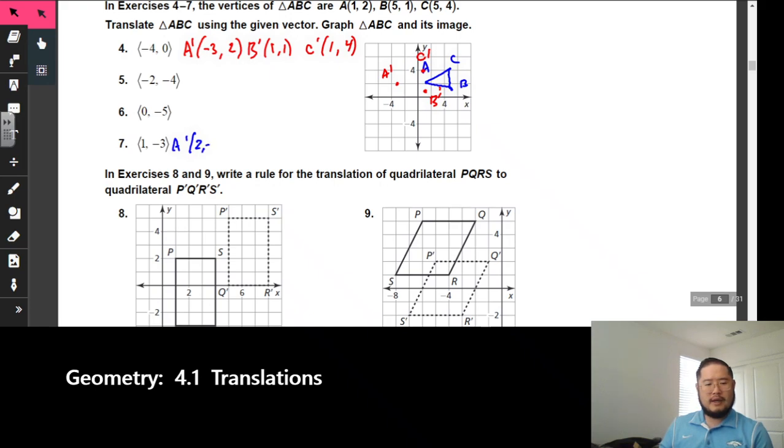So 2, -1 is A prime. For B prime, I have 5 plus 1 to get me 6, and 1 minus 3, I end up with -2. So there's B prime. And then C prime right here is going to end up being 5 plus 1, which is 6, and then 4 minus 3, which is 1. And there you go.